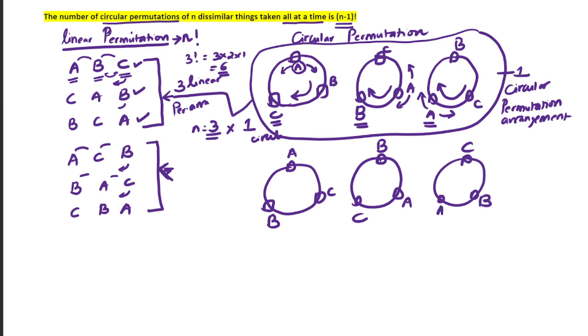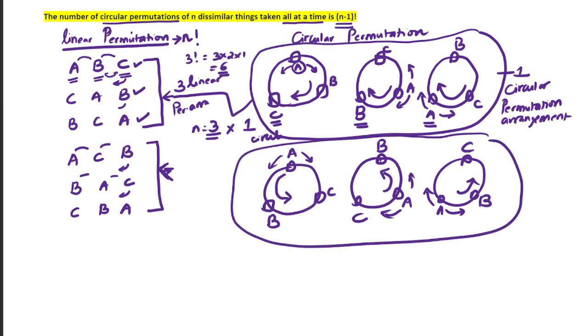In this one, A, B, C is arranged in a counterclockwise or anti-clockwise direction. And with respect to A, his right hand side is always B, left hand side is C. Here again, right hand side is B, left hand side is C. So all 3 of these are actually our second circular permutation arrangement.